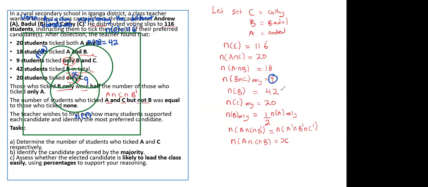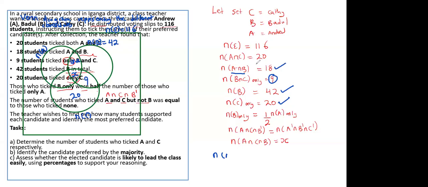So we have finished this. Then C only is here. So here I'll put the 20. That is the 20. Then where we have A and B, since they did not tell us, that means to get A and B, since it was 18, we shall put here 18 minus X. This one is done.